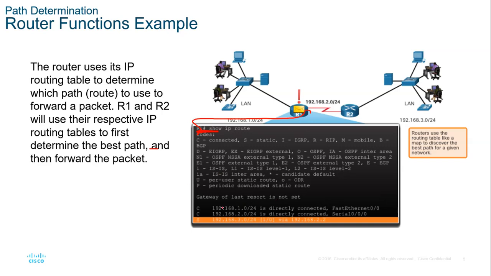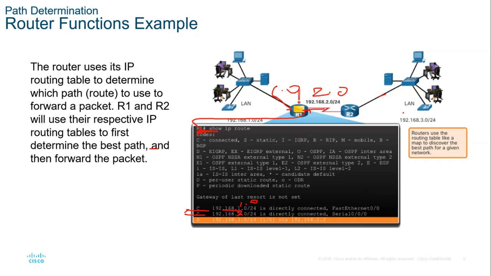And the known networks, we have 192.168.1.0 and then 2.0. You can see these are connected networks. Then we have what we call the static route, the route to reach this network, which is not directly connected.